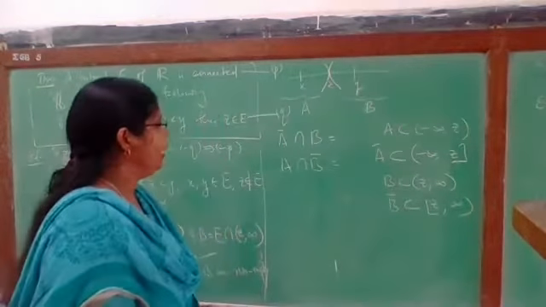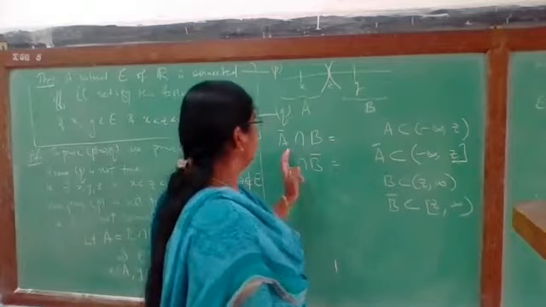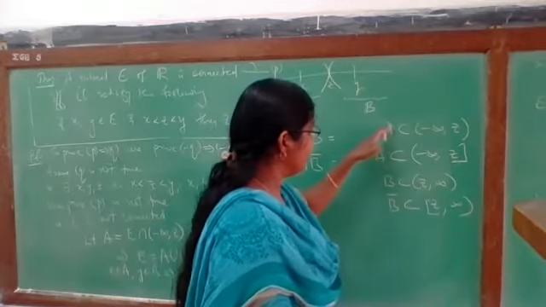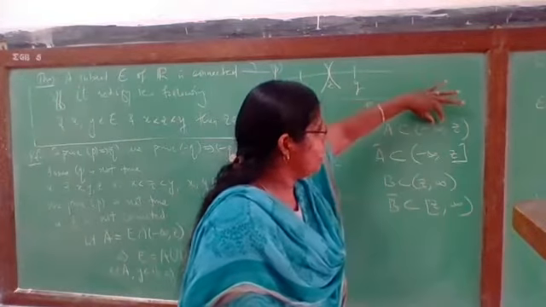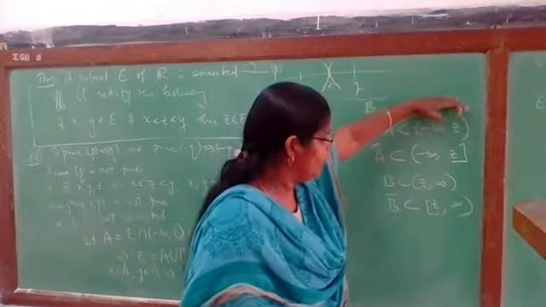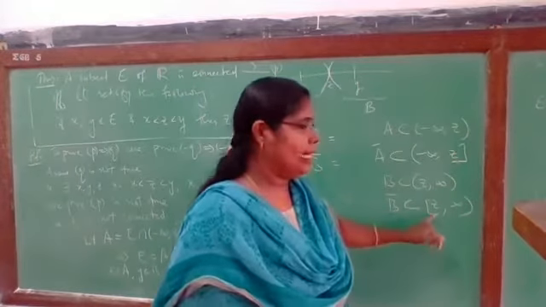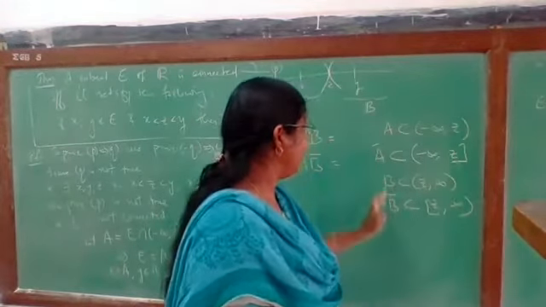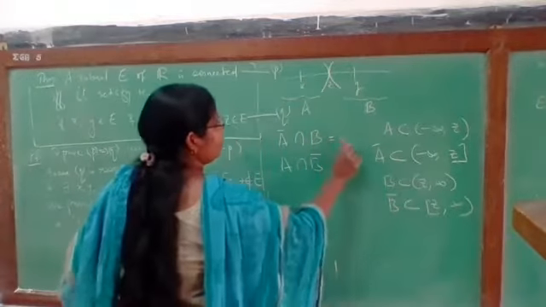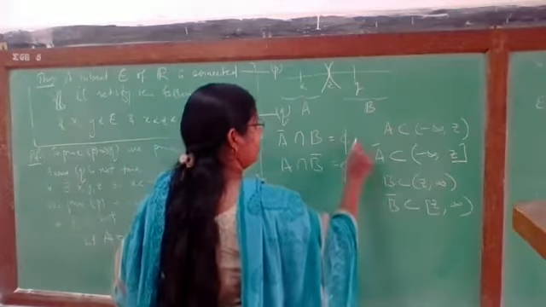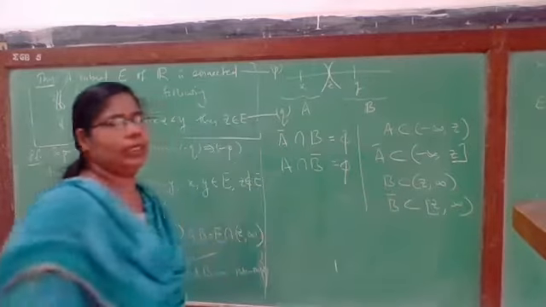So consider A intersection B closure. A is contained in the open segment minus infinity to Z, and B closure is contained in the segment from Z onward, so they cannot intersect at all. So this is empty, due to this.